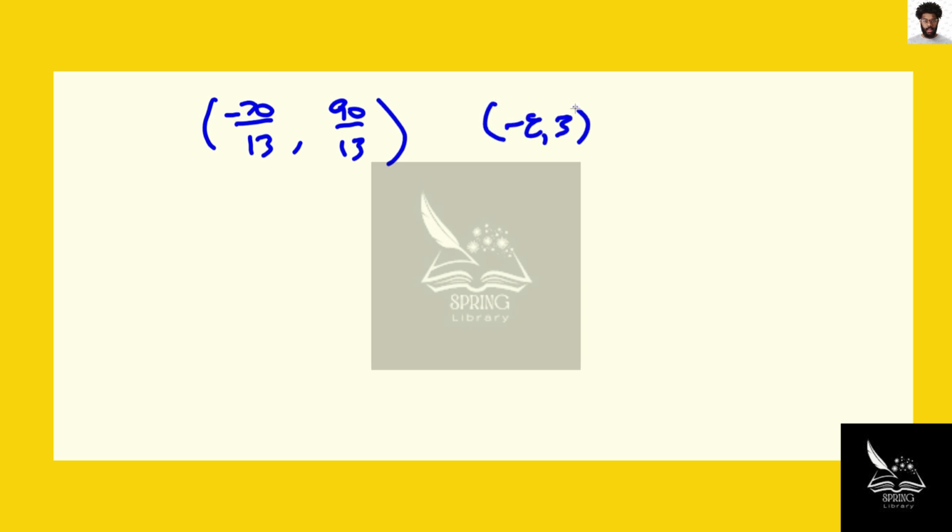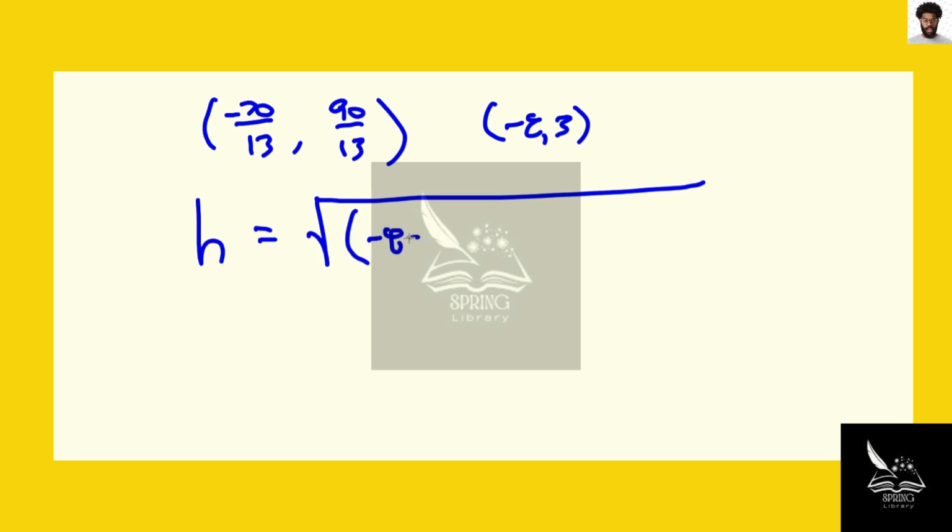So that distance will be the square root of the difference of your x coordinates squared plus the difference of your y coordinates squared.